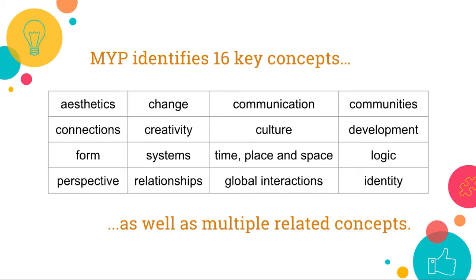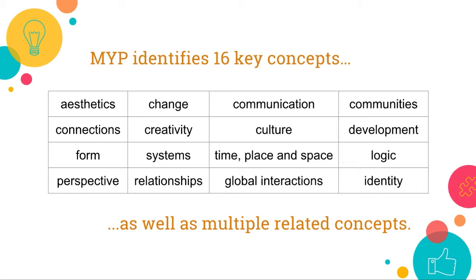As you are already familiar with, MYP provides a list of 16 key concepts for all subjects. Each subject area contributes 4 different key concepts. Now, if you do the math, you will notice that we should have 36 key concepts instead of 16.